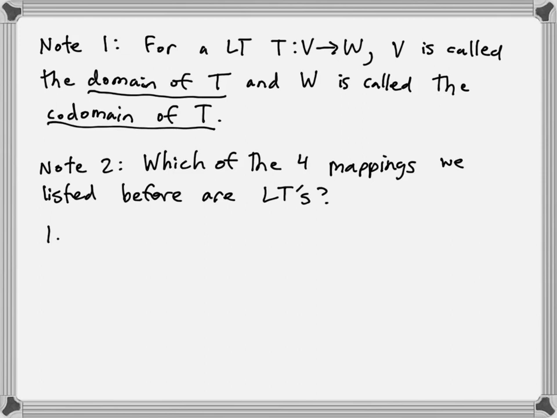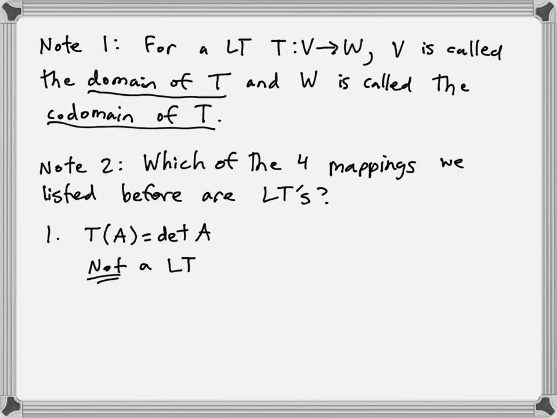If you recall, the first mapping was, remember, T of any matrix is equal to the determinant of that matrix. Well, actually, this one is not a linear transformation. Why? Because it fails the first and second linearity properties, right?